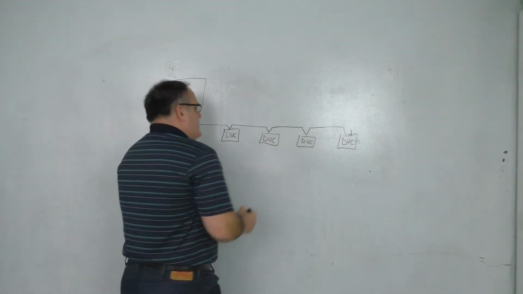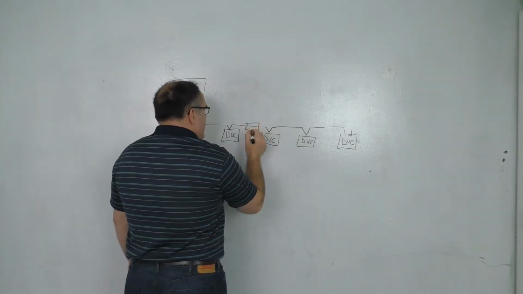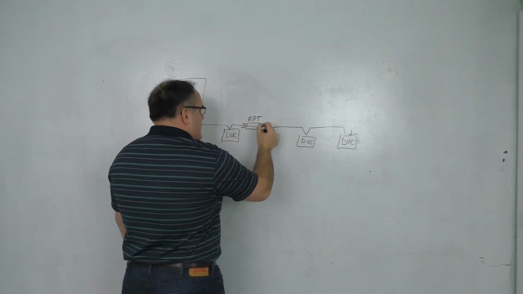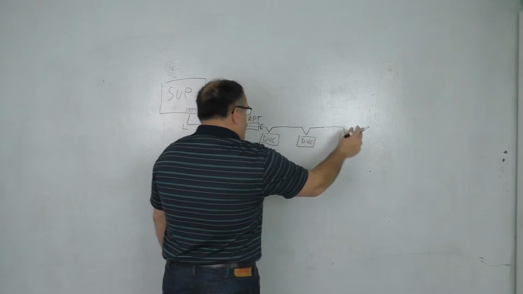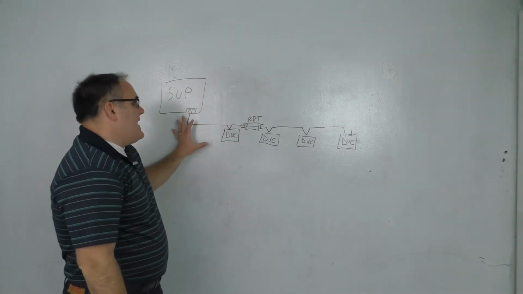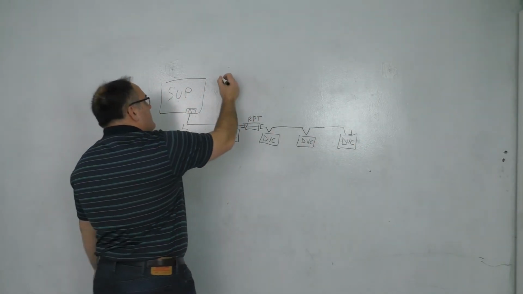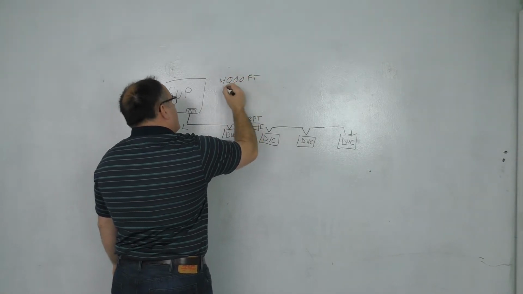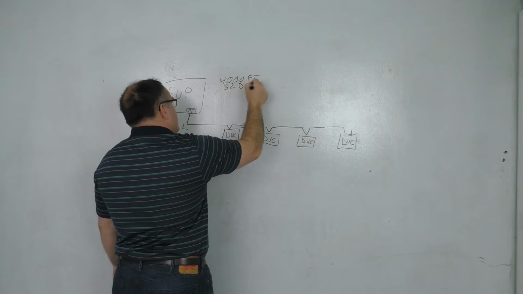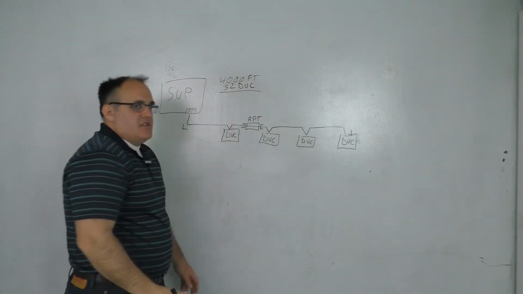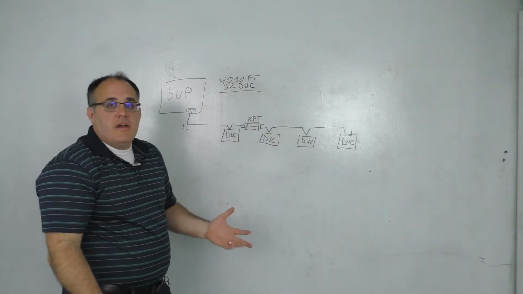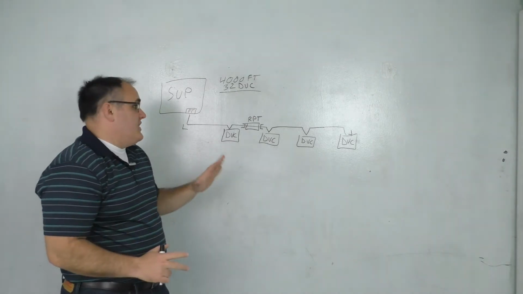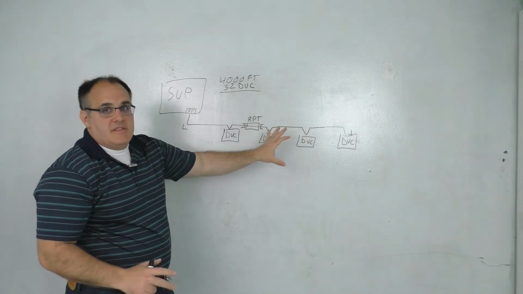So if I were to put a BACnet repeater in the middle here, then this would be a segment, and this would be a segment right here. A segment can be, per the RS-485 standard, 4,000 feet long and have 32 devices on it. That is the recommendation. Some manufacturers will say more, some will stick with that, some will say less. So that is per segment.